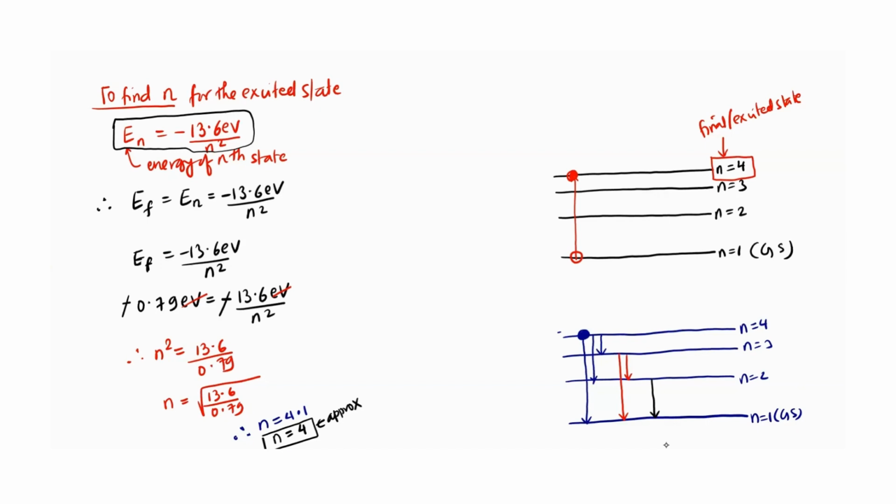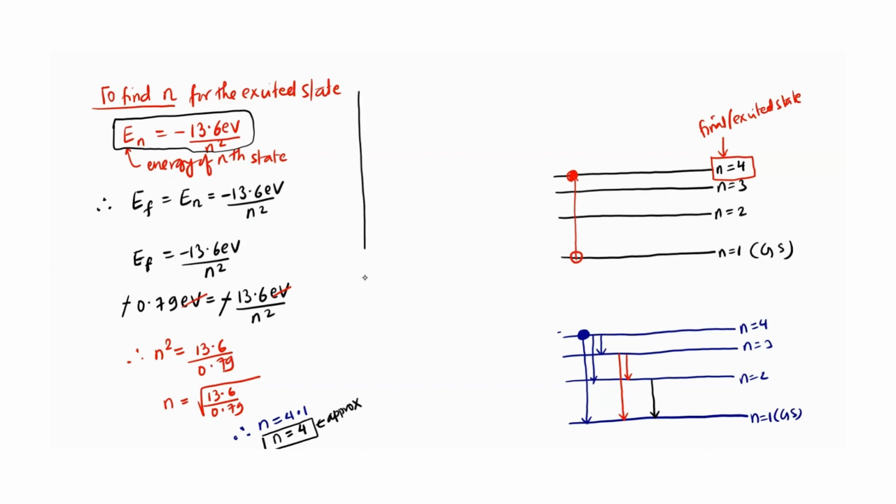When we count the number of transitions, we find 1, 2, 3, 4, 5, 6. So the number of possible transitions in going to ground state is 6.